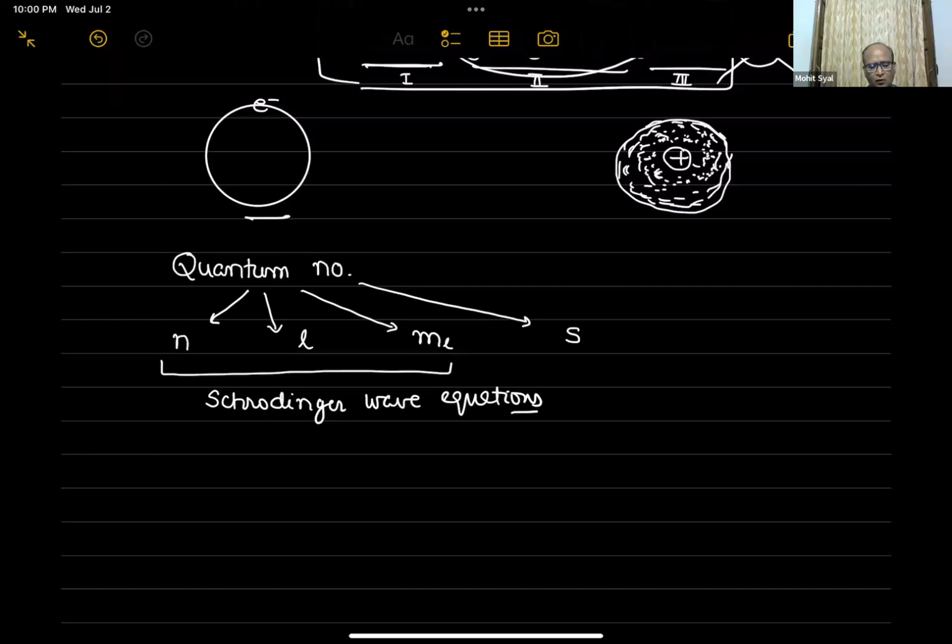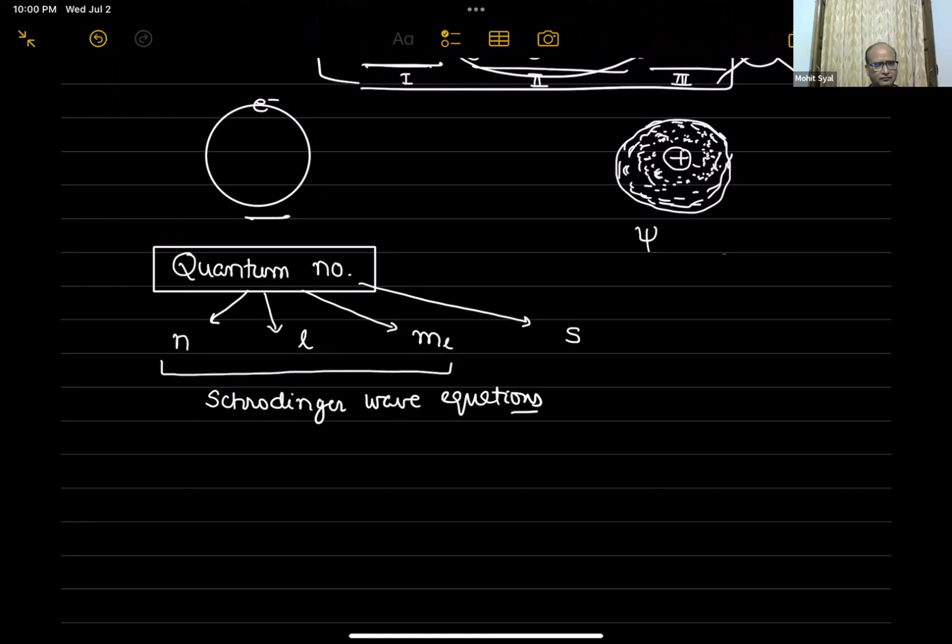Normally in your junior classes, when you solve two equations, you get an answer like x equal to 2, or y equal to 1. But in this case, when you are trying to plot these wave functions, you need to put in certain numbers to plot them correctly. It is not just a simple psi equal to 1 or 2. You need to put in quantum numbers to make the solutions meaningful.